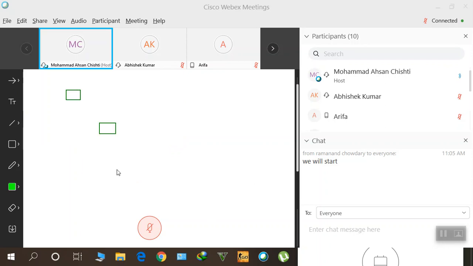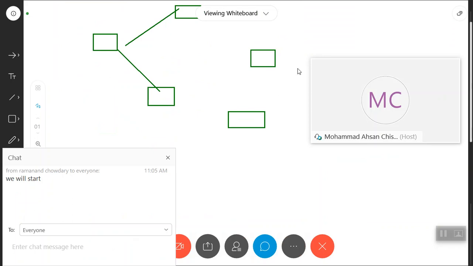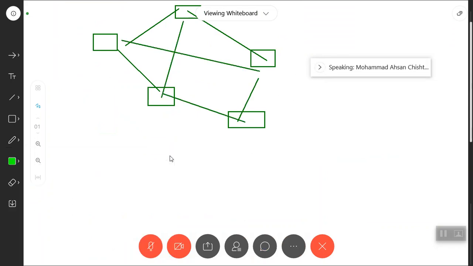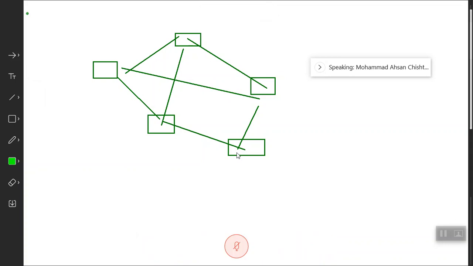Now, if we have, let's say, a few of these connected to each other in a certain way, within this network one node, let's say this node, is communicating with another node, let's say this node.